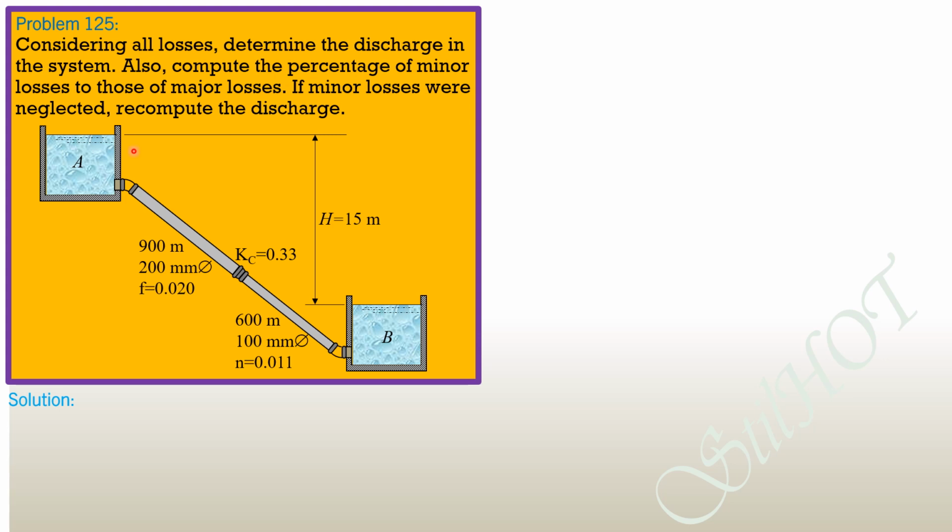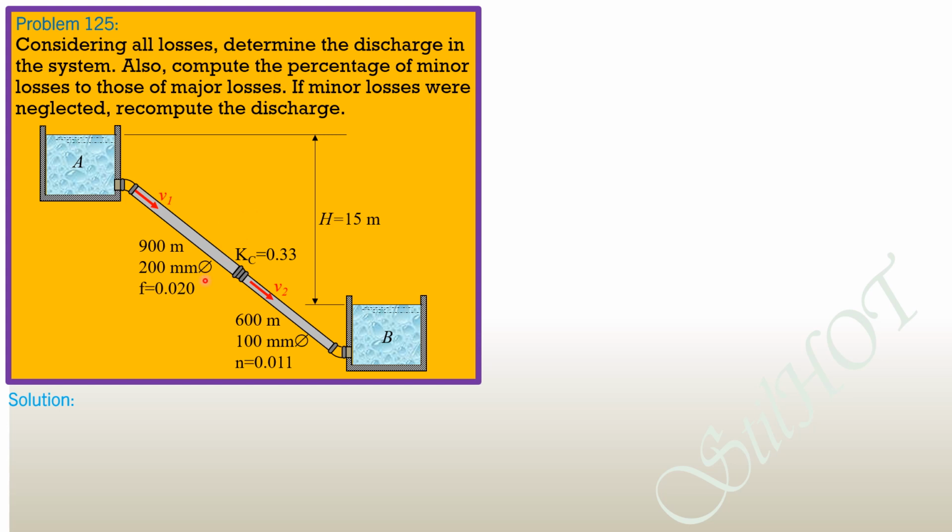So these minor losses consist of entrance loss, which from the figure is a flush entrance of 0.5 of the velocity head in pipe 1. Let's call the mean velocity of flow in pipe 1 as V1 and in pipe 2 as V2.